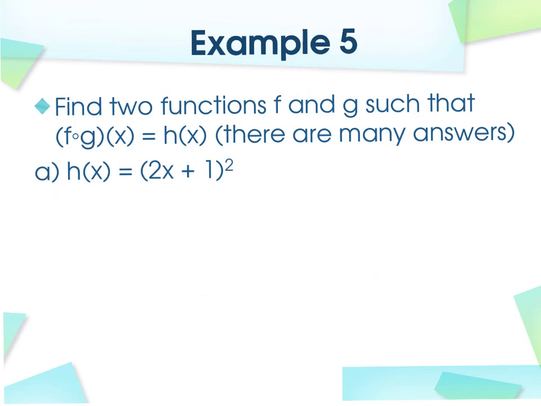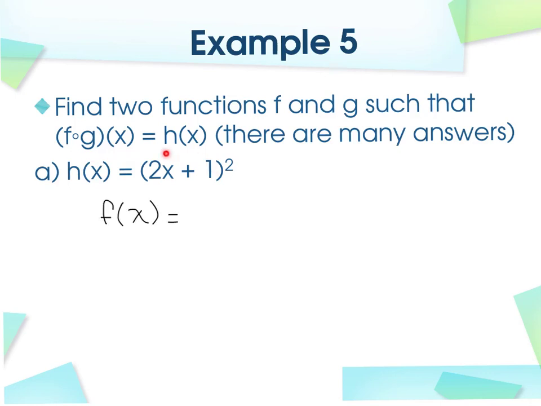Okay. Example 5 says find two functions f and g such that f of g of x is equal to h of x. What you're going to do in this problem is break up h of x. I like to break it up into the two easiest functions that I can think of, that when I plug one into the other, I end up with this. I like to always make f of x the parent function.